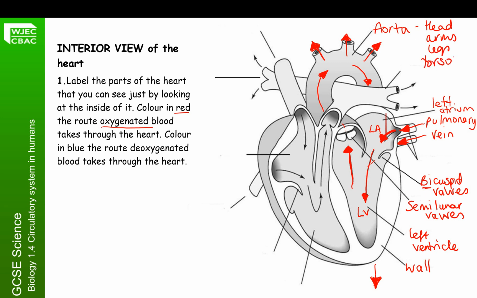Okay, so that's why it needs to go downwards to go to your torso and your legs. It needs to go upwards against gravity up to your head and to your arms on the left and right side. Okay, so the blood has to be pumping through this at really high pressure because it's got to get against gravity up to your head.